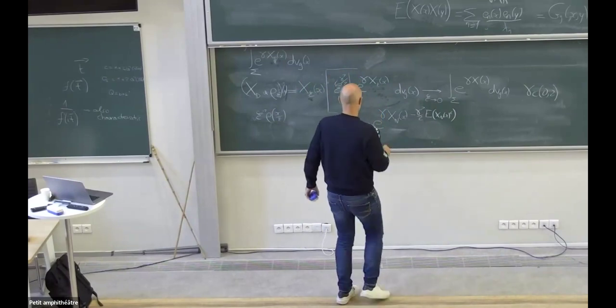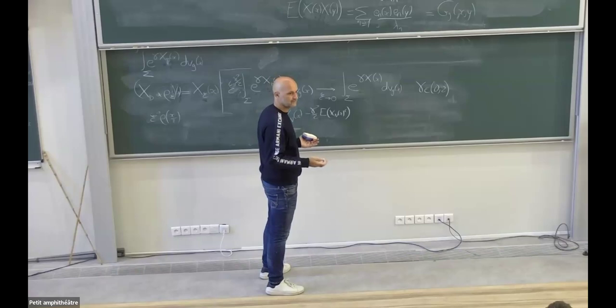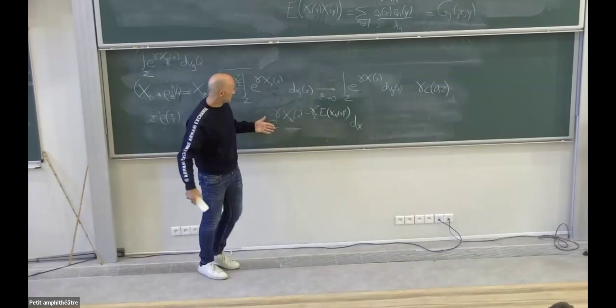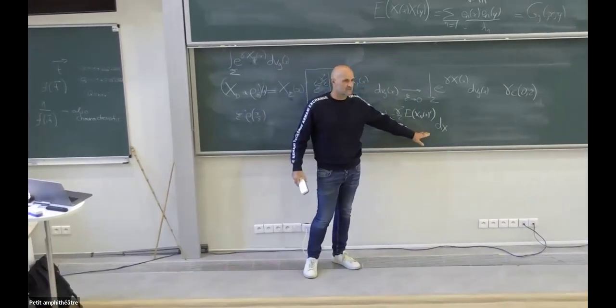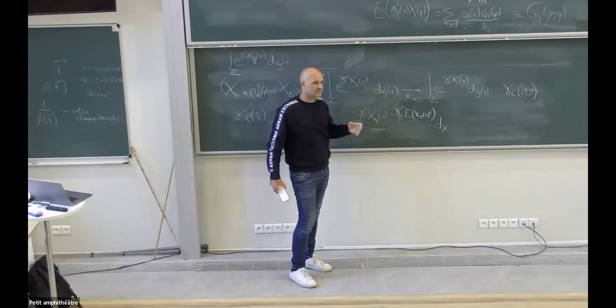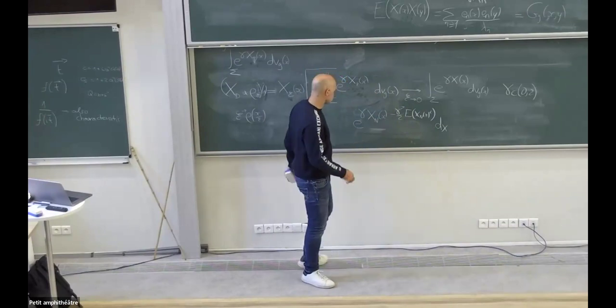So you have to find another topology. You say, okay, let's see it as a measure. So I will look at this random measure instead. I have a martingale in the space of measures, and it converges.